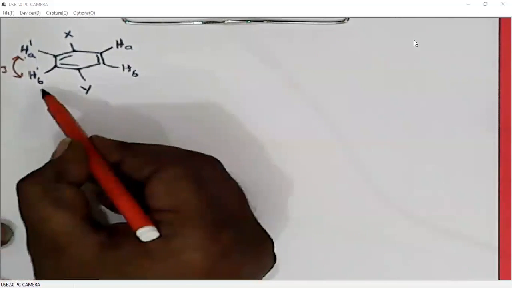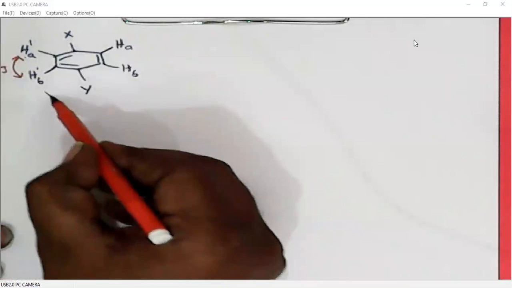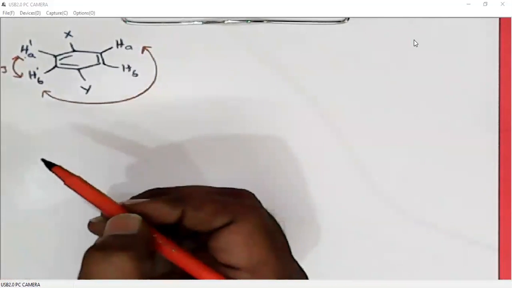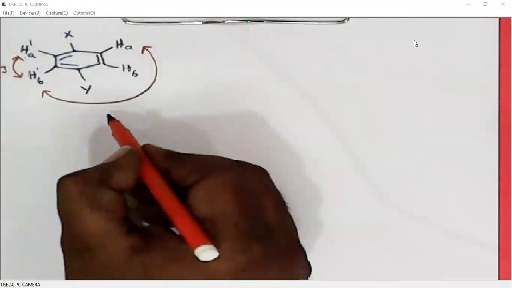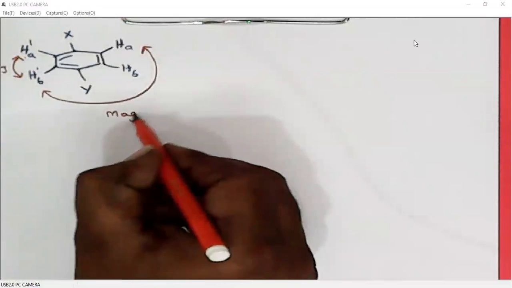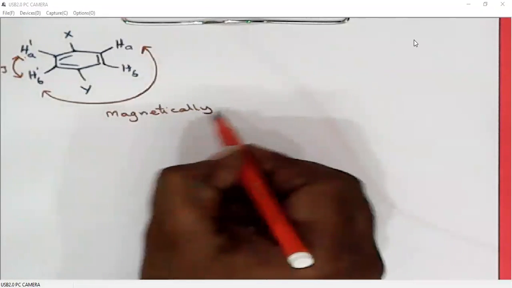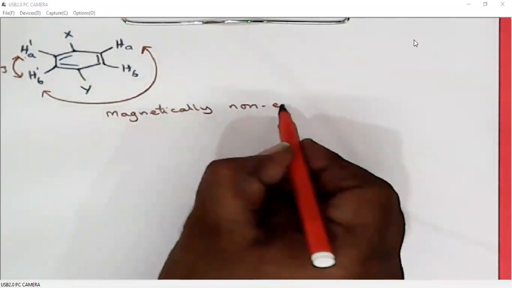Similarly, HA and HB, they are magnetically non-equivalent.